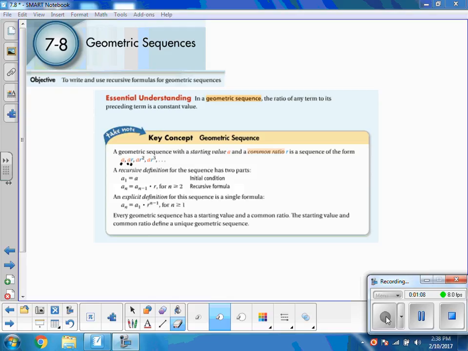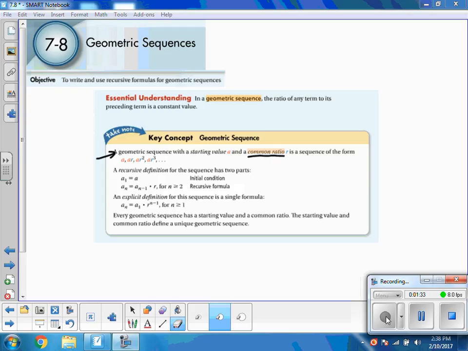Okay, it's doubled. My next term is going to be 5 times 2 squared. And then it's my starting point 5 again, times 2 to the third power, because I'm watching this thing build on. So that's called a geometric sequence has a common ratio, and we'll talk about how you find that.